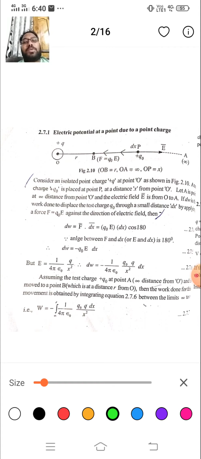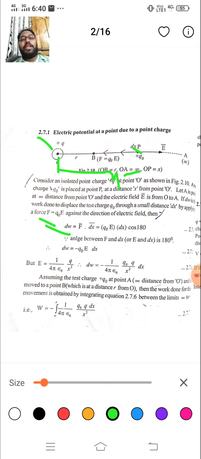Let us consider an isolated point charge plus Q at a point O, as shown in the figure, and a test charge plus Q naught at a point P at a distance x from point O. To displace the test charge Q naught through a small distance dx, we apply a force F equals E into Q naught, since by the definition E equals F by Q naught, against the direction of the electric field.